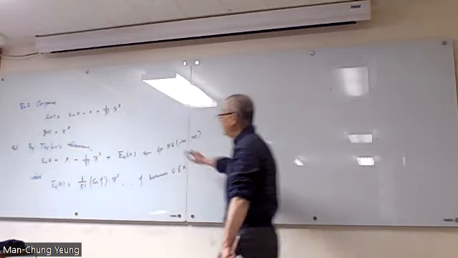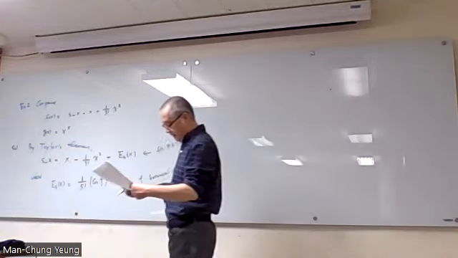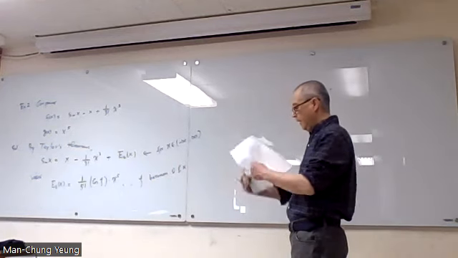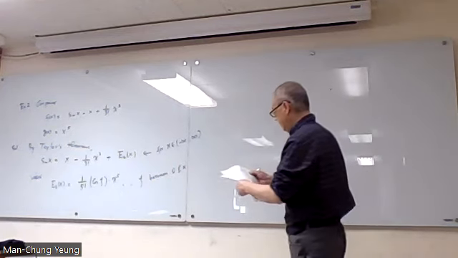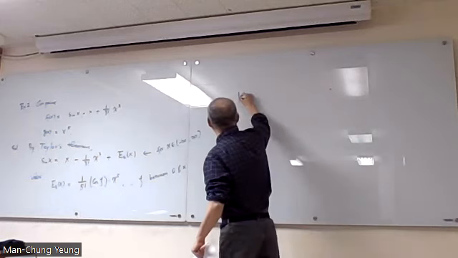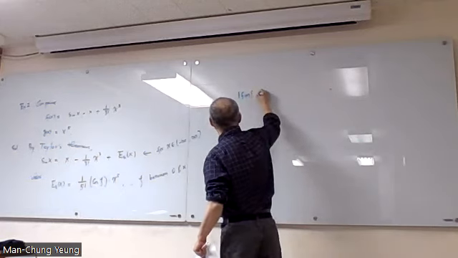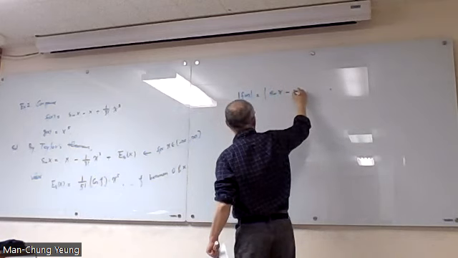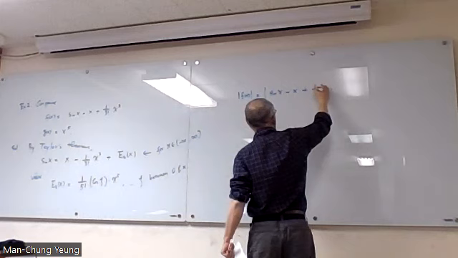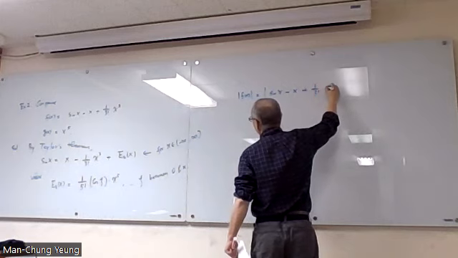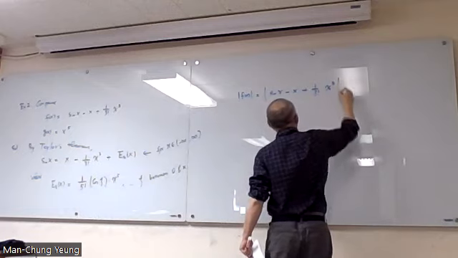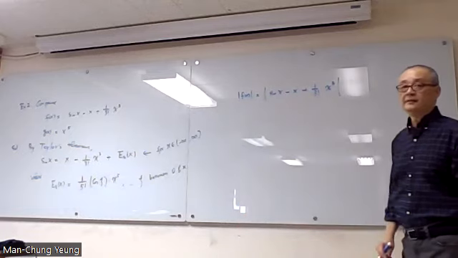All right, now let me compare these two functions. Our function is sine x minus x plus 1 over 3 factorial x cubed. This is a function n.